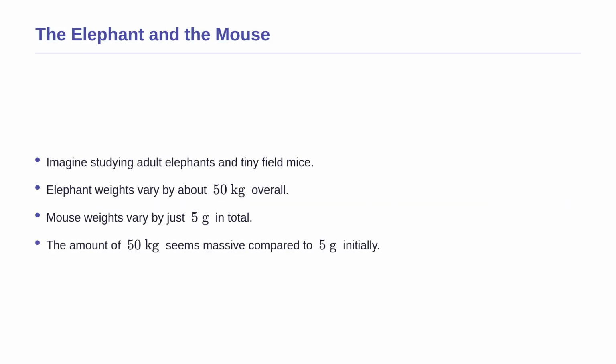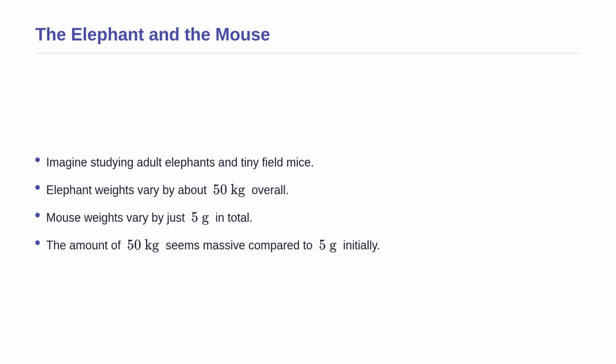To begin, let us imagine you are a biologist studying two very different animals in the field: massive adult elephants and tiny field mice. You measure a group of elephants and find their weights vary by about 50 kilograms. Then you measure a group of mice and find their weights vary by just 5 grams.